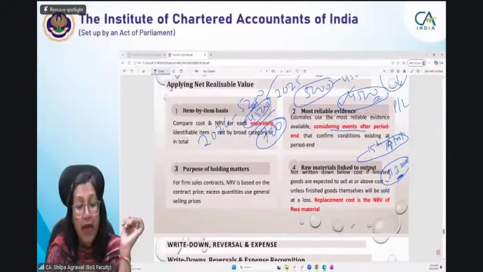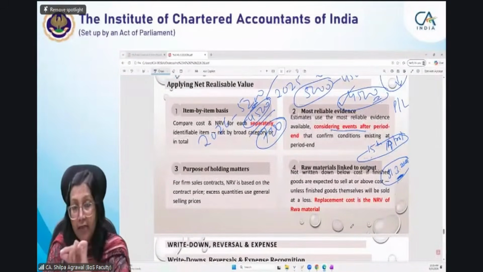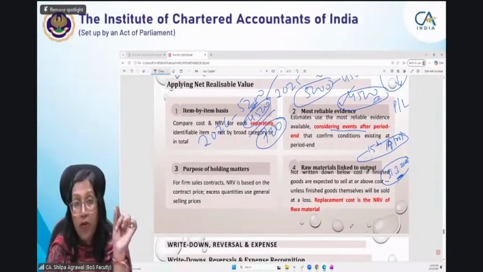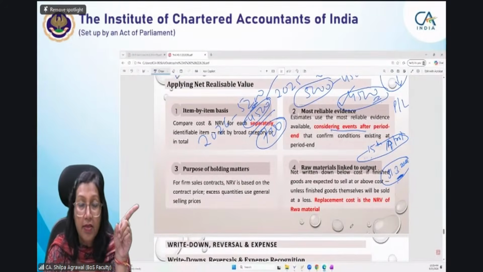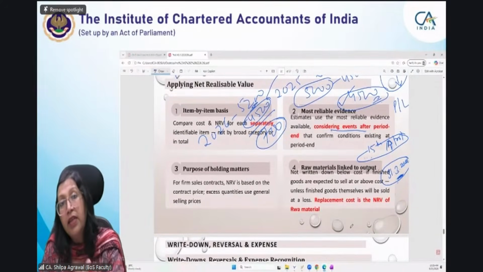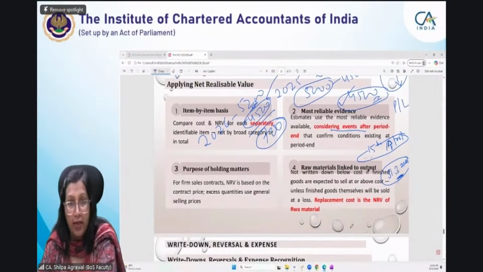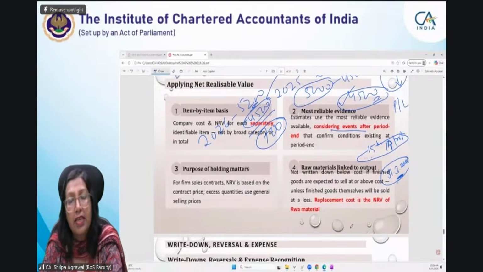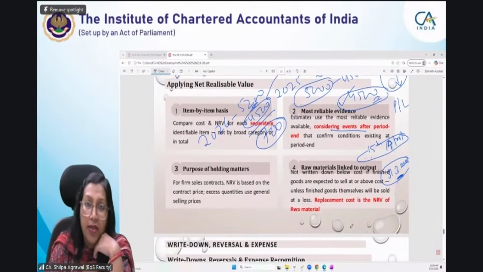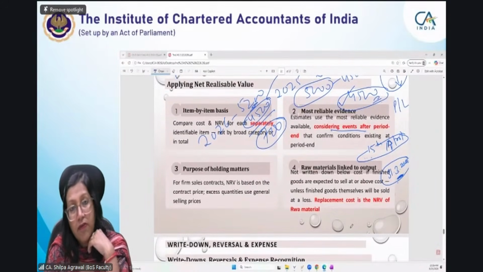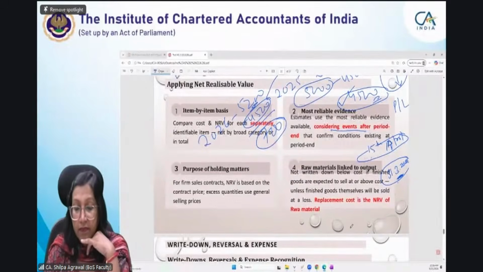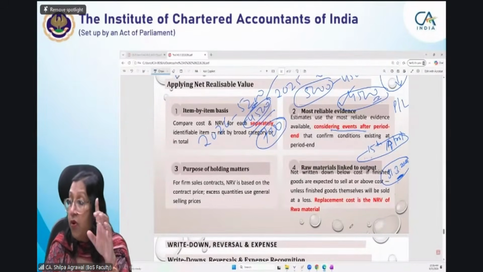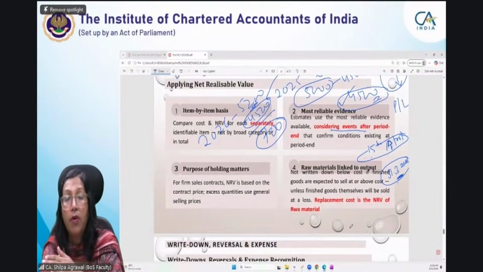Similarly, for firm sales contracts, as we talked earlier also, for confirmed orders, for specific orders or contracts we have entered into with a different selling price, that selling price is to be considered for that particular inventory. For other inventory you go for lower of cost or NRV, but for that particular inventory, its NRV is valued on the basis of that selling price: selling price minus estimated cost of selling expenses and completion. Okay.